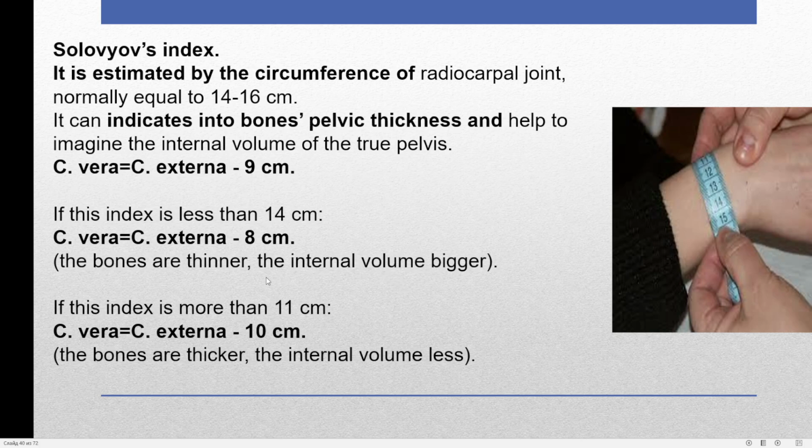If the bones are thinner, the cavity of the pelvis is wider. If the Solovyov index is more than 16 centimeters, we subtract 10 centimeters. In this situation the bones are thicker and the internal volume is less.